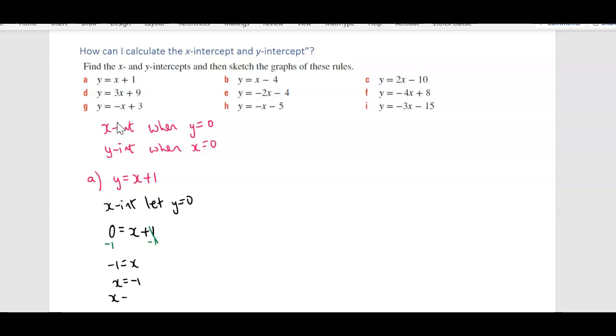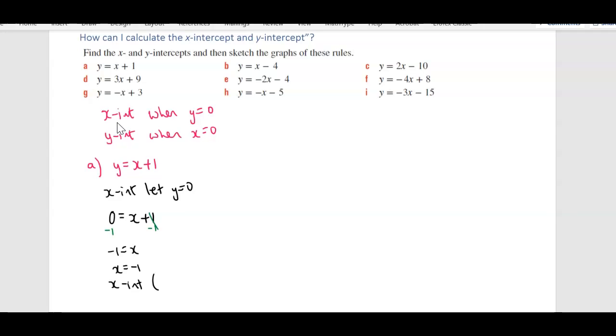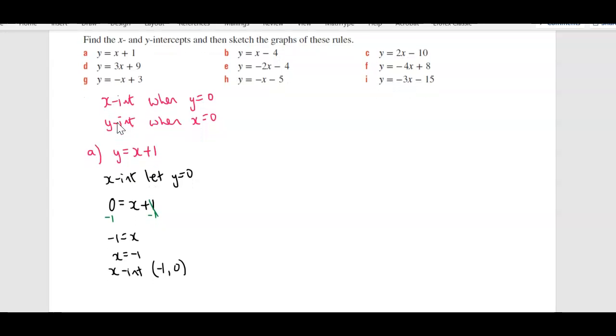That means your x-intercept, and you should always write it as coordinates, it's just a good habit to get into, is at -1, 0. Because remember we let y equal 0, so that's why it's 0. And your y-intercept, you can substitute 0 in if you want, but remember it's always going to be your constant.